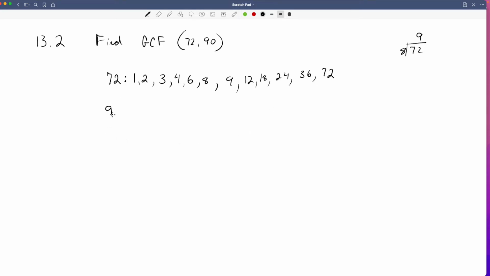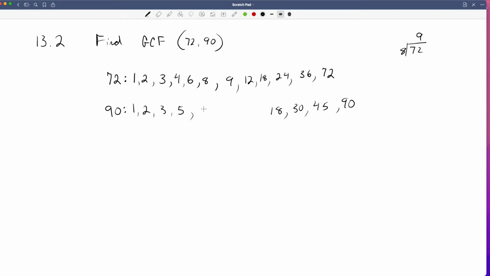So let's do 90. All right, so 1, and I'm going to put 90 way over here. 2 times 45, right? 3 times 30. So let's see, can we do 4 times something to get 90? No. 5 times 18. 6 times something.